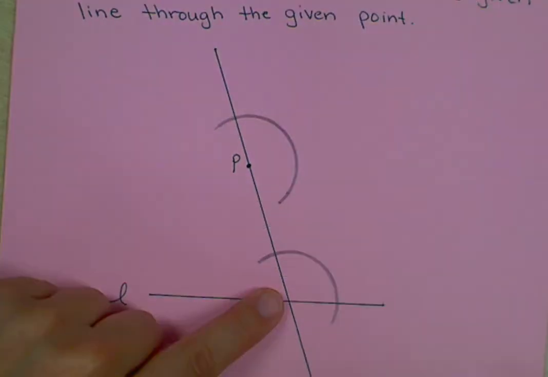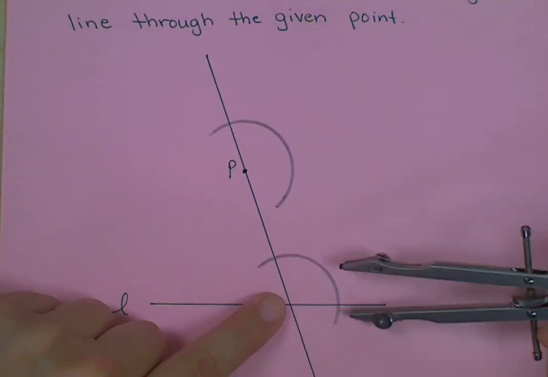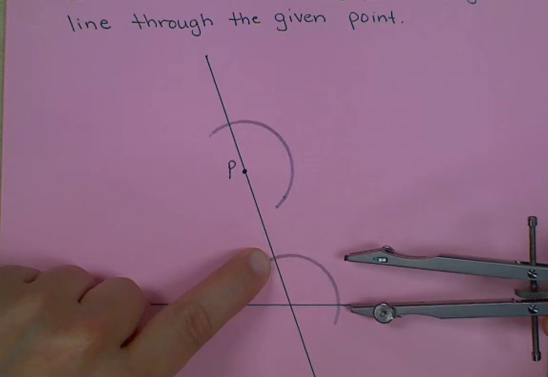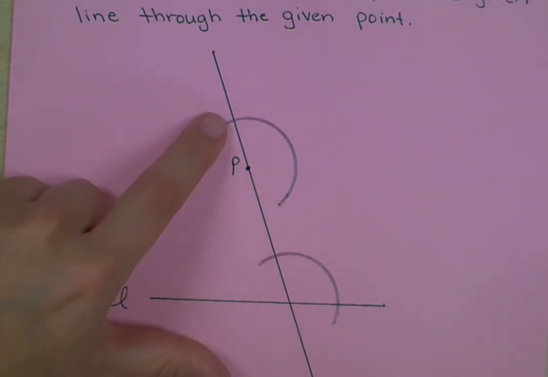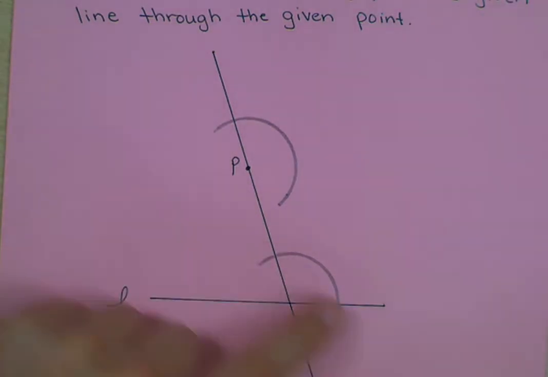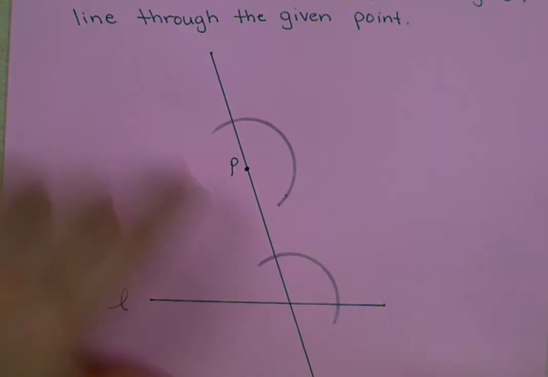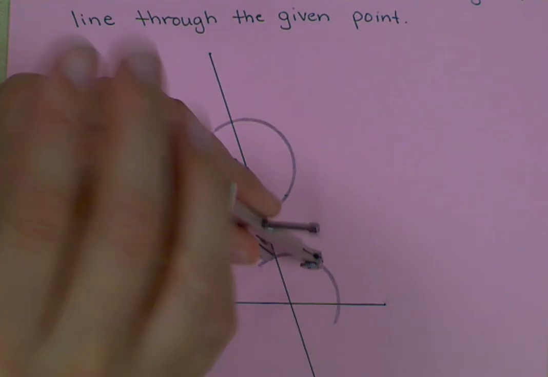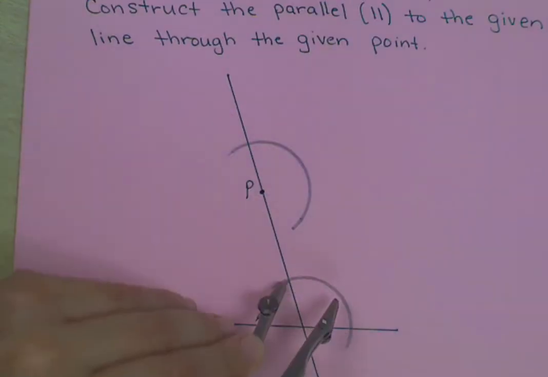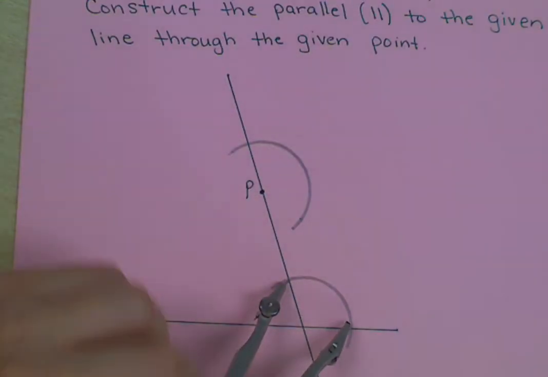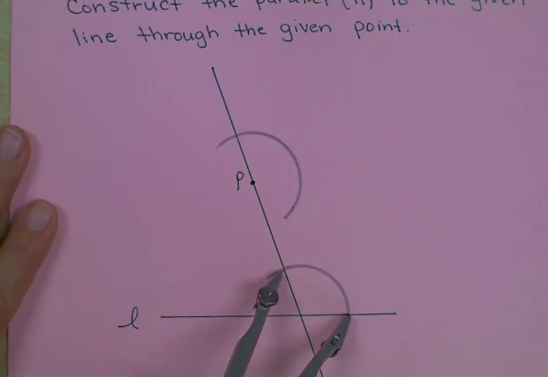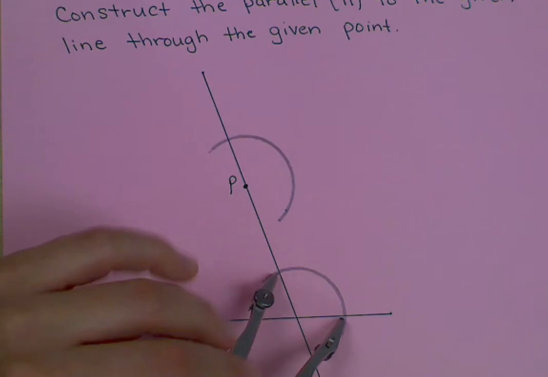Now the next thing you need to do, you need to measure the opening of your angle. I like to always measure at the transversal because they share transversals. They do not share this line here, and so I always measure from the transversal to the opening that connects with our given line L, and measure here.